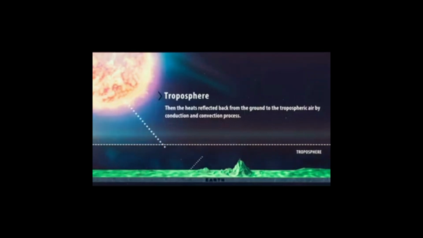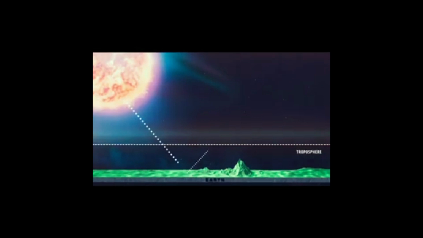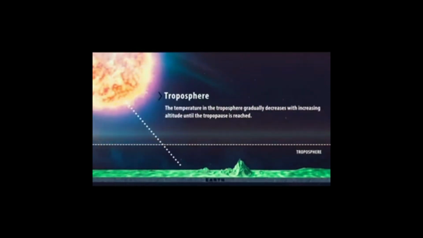Then, the heat is transferred back from the ground to the tropospheric air by conduction and convection processes. The temperature in the troposphere gradually decreases with increasing altitude until the tropopause is reached.